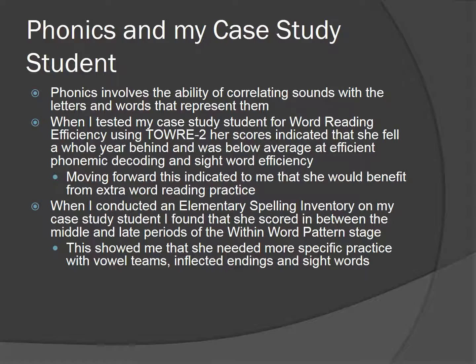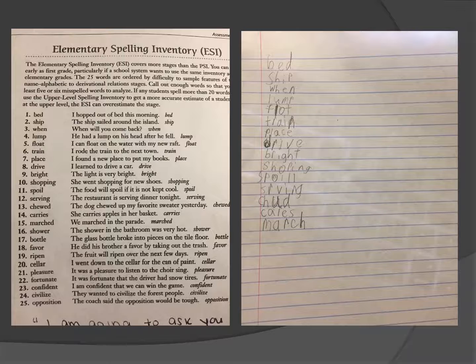Also, when I conducted an elementary spelling inventory, she scored within the middle and late periods of the within word pattern stage. And these scores were able to tell me that she needed more specific practice with vowel teams, inflected endings, and sight words. So here you can see the elementary spelling inventory that I conducted. On the left is what I read from, and on the right are the words that she wrote.